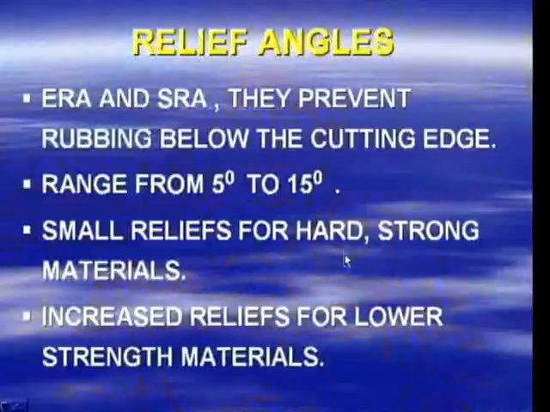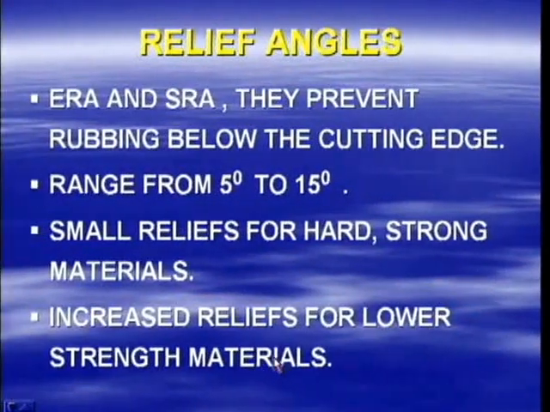And increased reliefs for lower strength materials. As the material strength or hardness is reducing, you can increase the relief angles. So likewise, the relief angles vary: hard materials, less relief; soft materials, high relief.